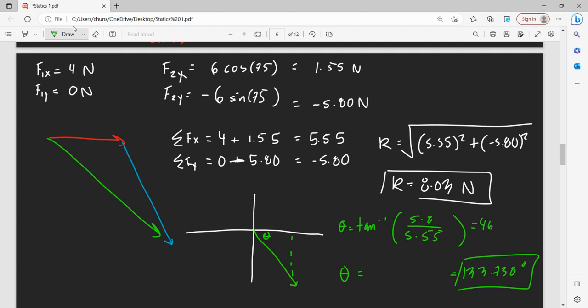So that's 46 degrees, 46.261. And we're going to take 360 and subtract that to get our angle measured counterclockwise. So 360 minus answer, and that's 313 degrees, which makes more sense. 313.73 degrees.